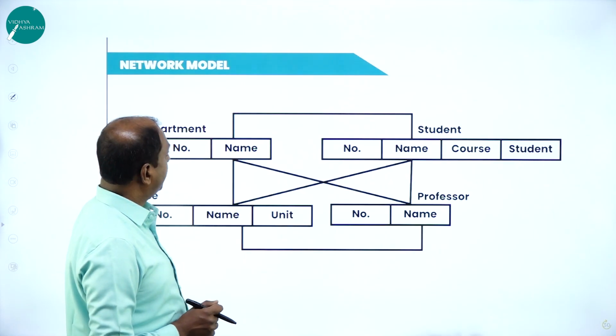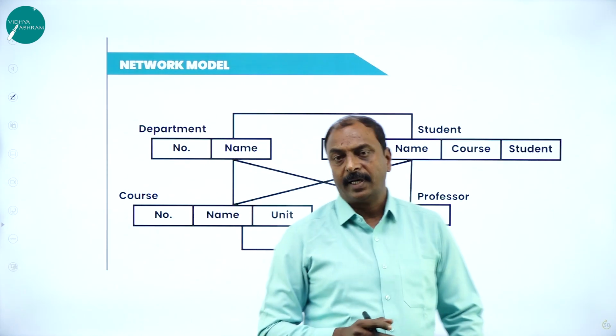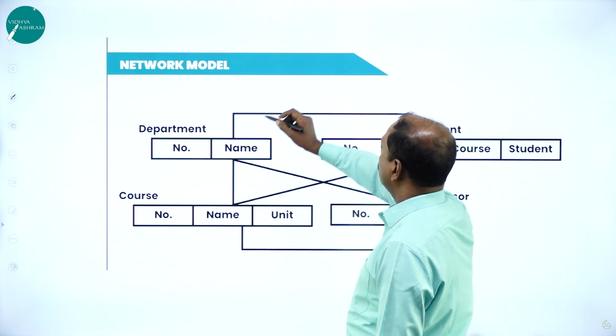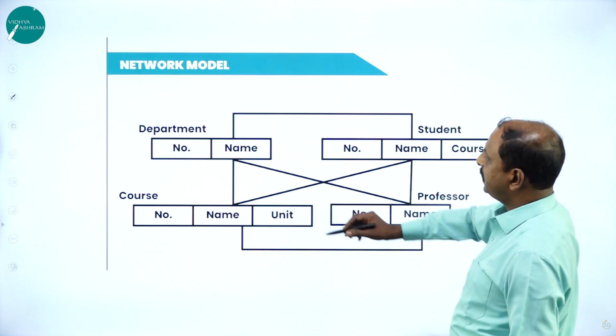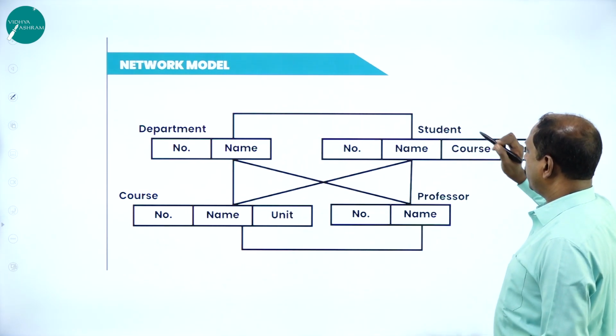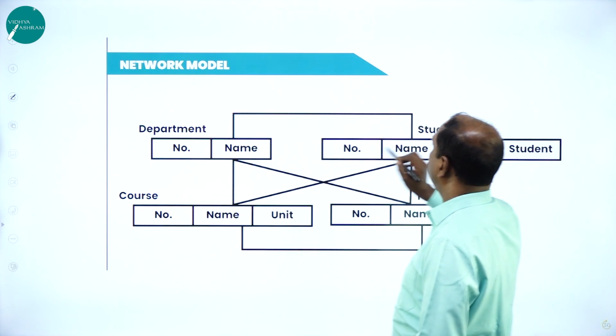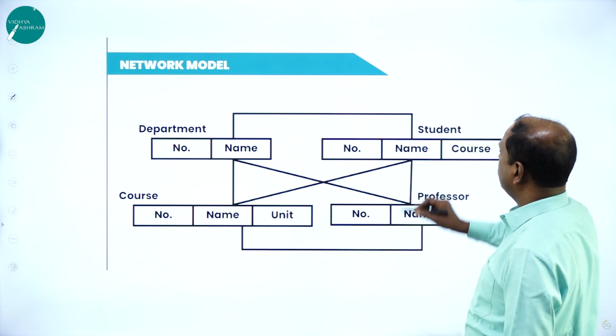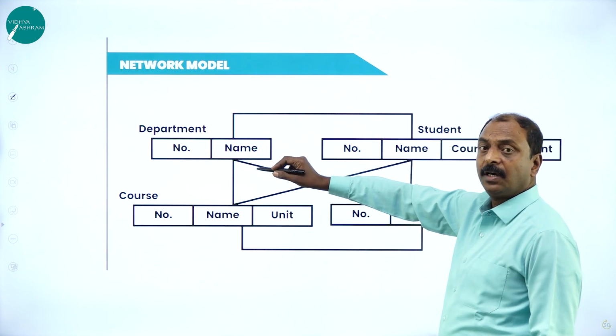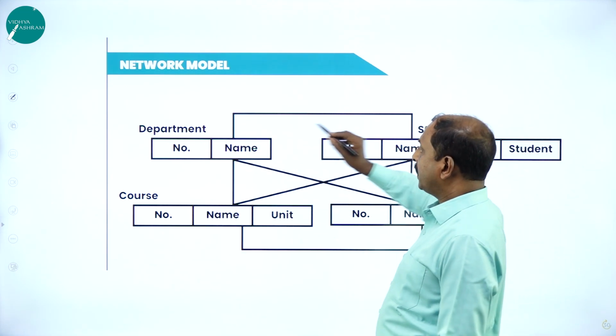Now look at this schematic diagram. This is a network model, with department, student, professor, and course. Here there are 4 different tables, or relations. How are we going to connect them?